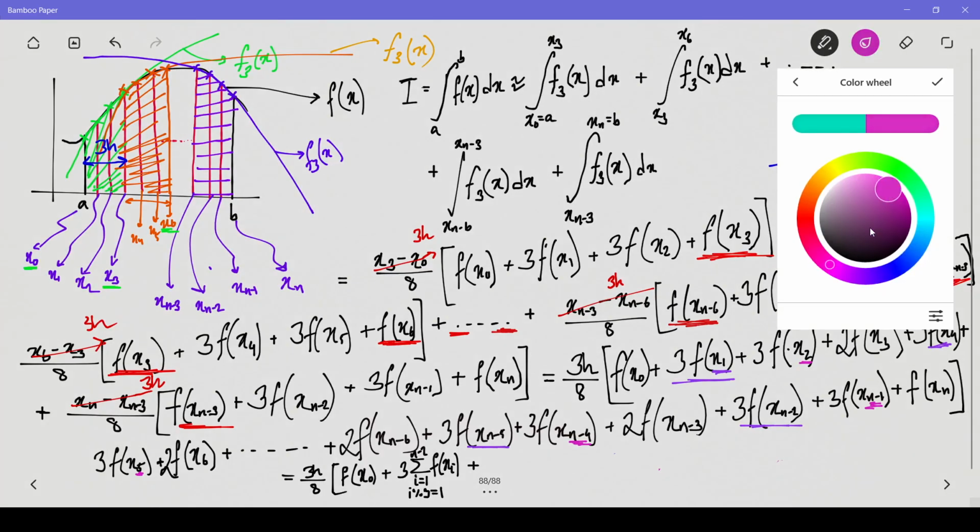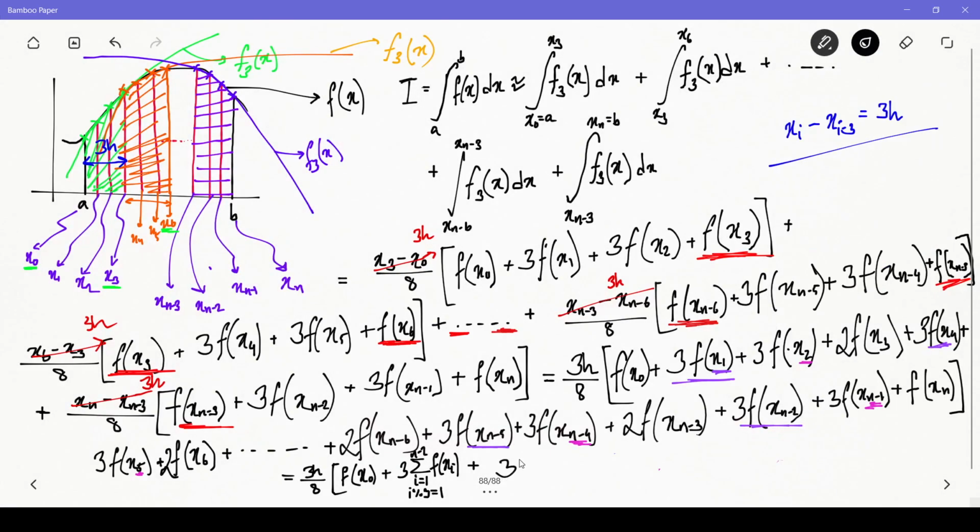So let's take advantage of that pattern again and write something like this: 3 times summation of f of xi, or the functional values at the point xi, where i starts from 2 up to n minus 1, such that the index value has to yield a remainder of 2 when divided by 3.